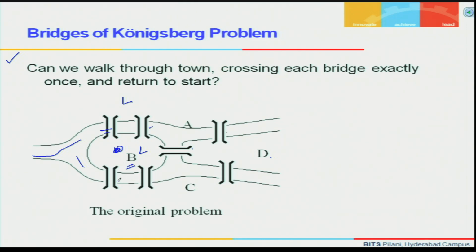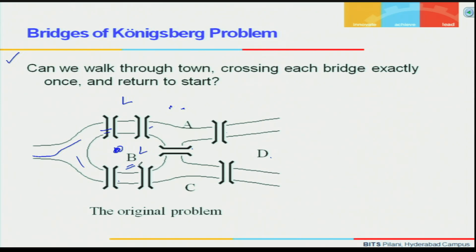Then the problem asked is, you start from one place and you have to come back to the same place, covering each bridge exactly once. Can you do it or not? You start from one place and you have to reach the same place by going through each bridge exactly once.